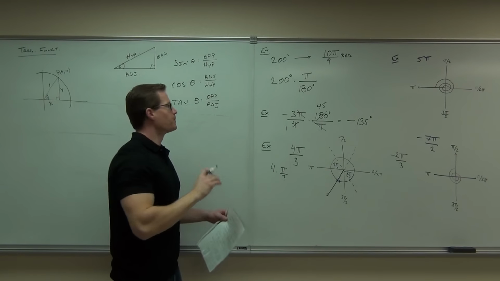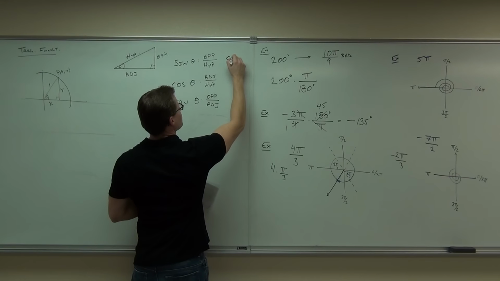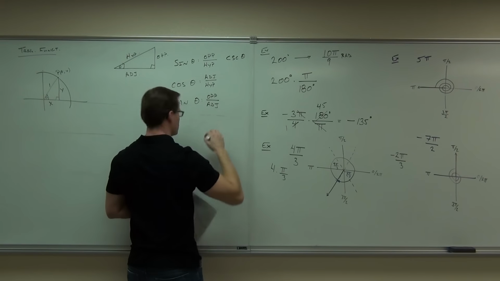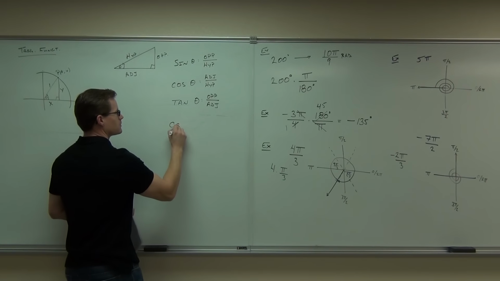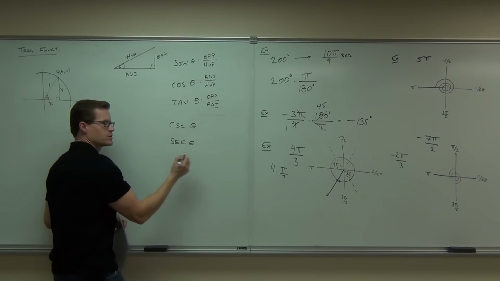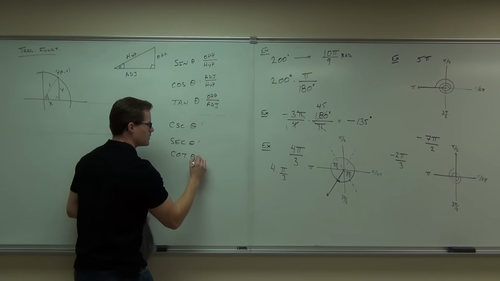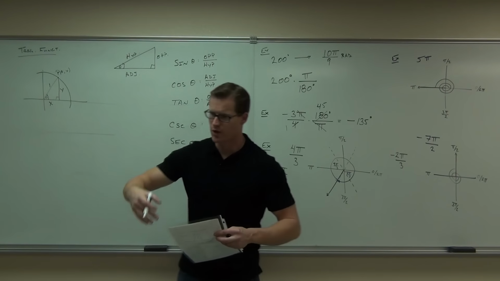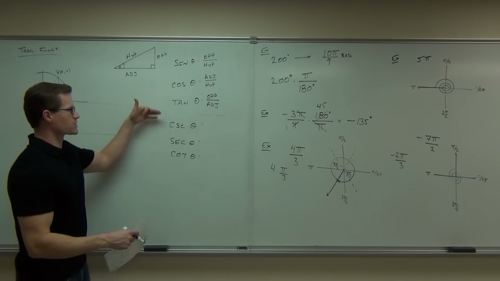We also get the cosecant. You know what, I'm going to write down here so you see a little better. The cosecant, the secant, and the cotangent. They're just the reciprocals of the original 3 trig functions that we have. So which one goes with the cosine?